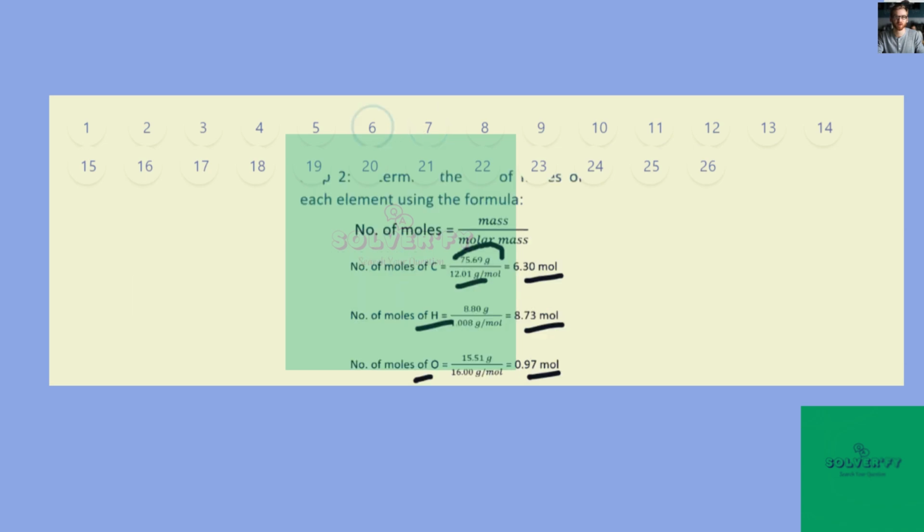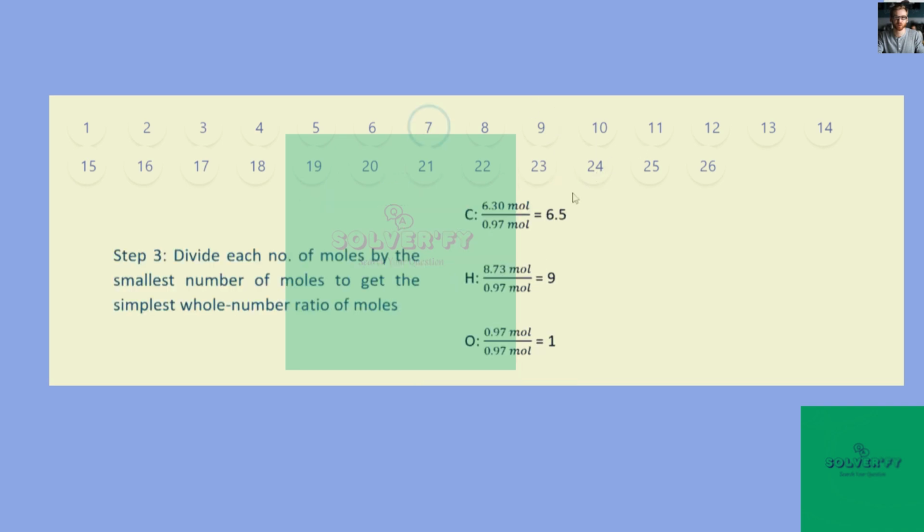And then from here we can see that the smallest value here is 0.97, and as we said, in the next step we will divide each number of moles by the smallest number to get a whole number ratio. So here we are dividing each number of moles by the smallest number of moles, which is 0.97.